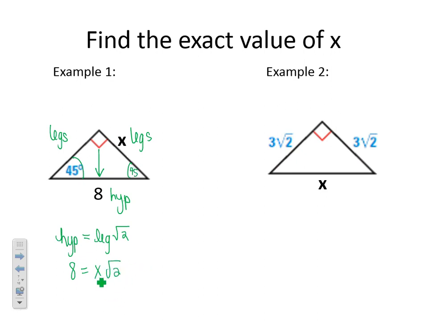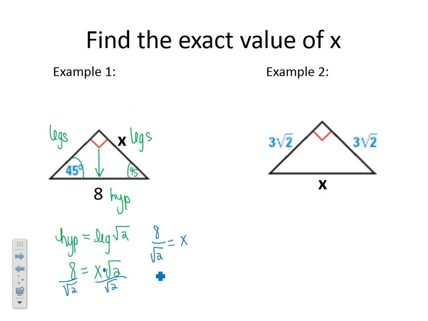So how do we solve for x? Okay, we're always solving in algebra. So these two things are being multiplied, so we're going to divide by the square root of 2. Now we have 8 over the square root of 2 equals x. Now remember, chapter 4, no radicals allowed in the denominator. So we have to do what's called rationalizing the denominator.